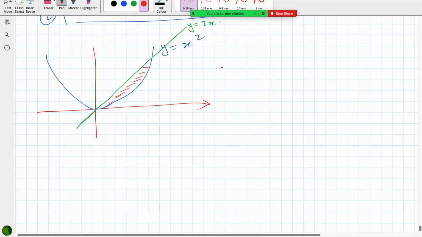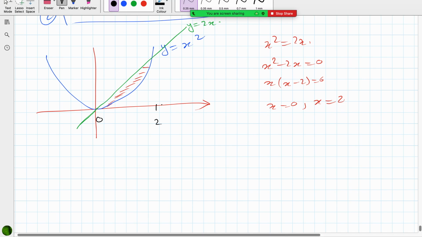So how can we do this? First we need to find the limits. So I'll say x square is equals to 2x, and solving for values of x, so x is equals to 0 and x is equals to 2. So I know this is 0 and this is 2.